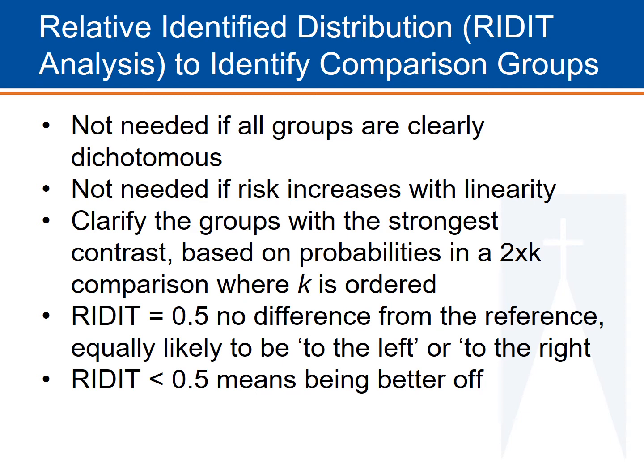RIDIT is a process where 0.5 is the concept of a probability that this group is equally likely to be to the left or to the right of the comparison. And a RIDIT of less than 0.5 actually means being better off, because that is a concept that they will have a lower risk relationship compared to the reference.